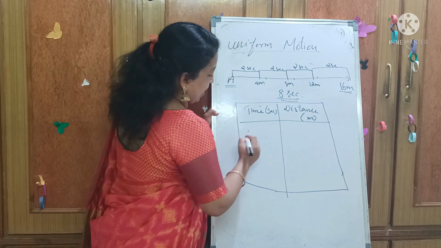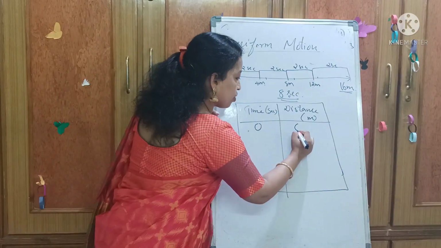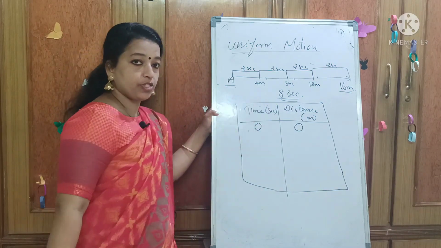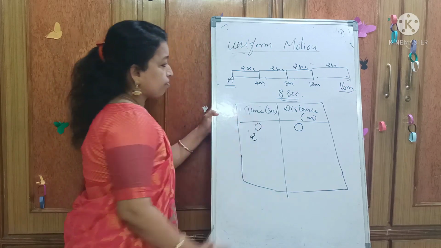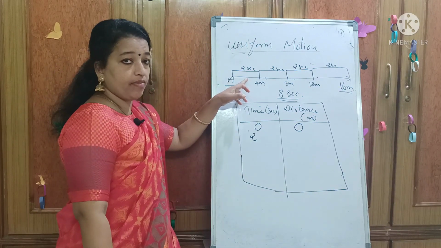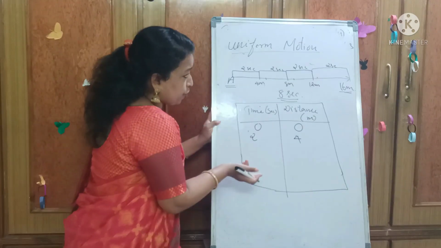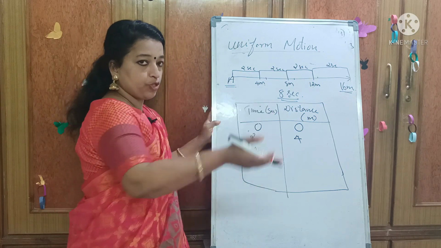At the starting stage, time is 0 and distance covered is also 0. In the next 2 seconds, what distance does the car cover? 4 meter. In the next 2 seconds, that means the time becomes 4 seconds, 2 plus 2, 4.